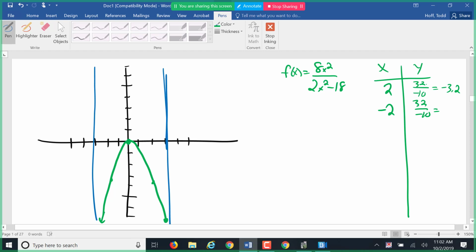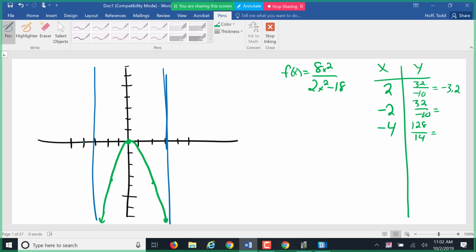Let's see what's going on outside at negative 4. Well, negative 4 squared is 16 times 8 is 128. 16 times 2 is 32 minus 18 is 14.